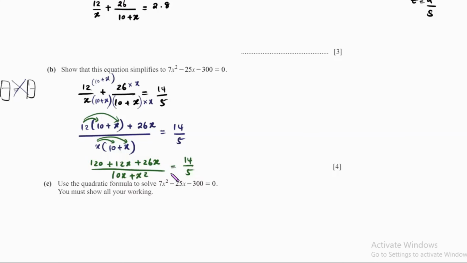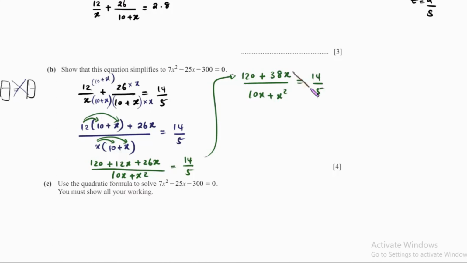Now I'm going to cross multiply, but before cross multiplying, I'll combine all the like terms. So I have 120 plus, we have 26x and 12x. 26 and 12 together is equal to 38, so I can write it as 38x. Then that is over this 10x plus x squared. This is equal to 14/5.